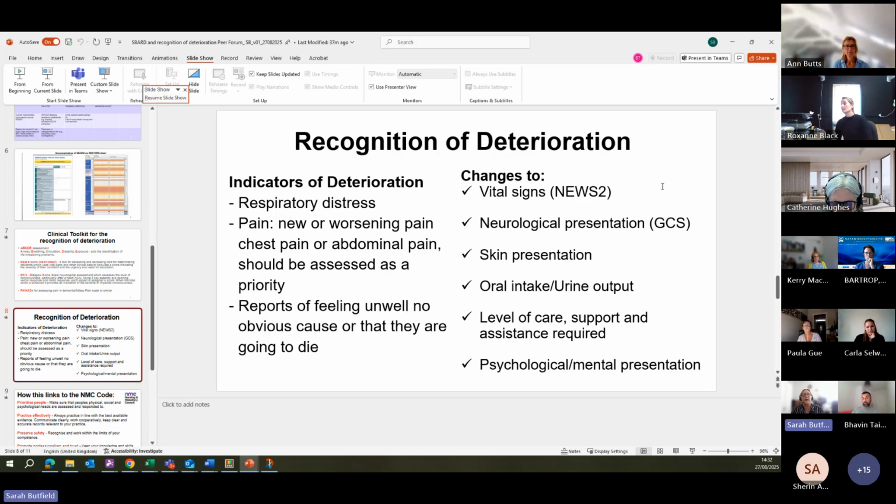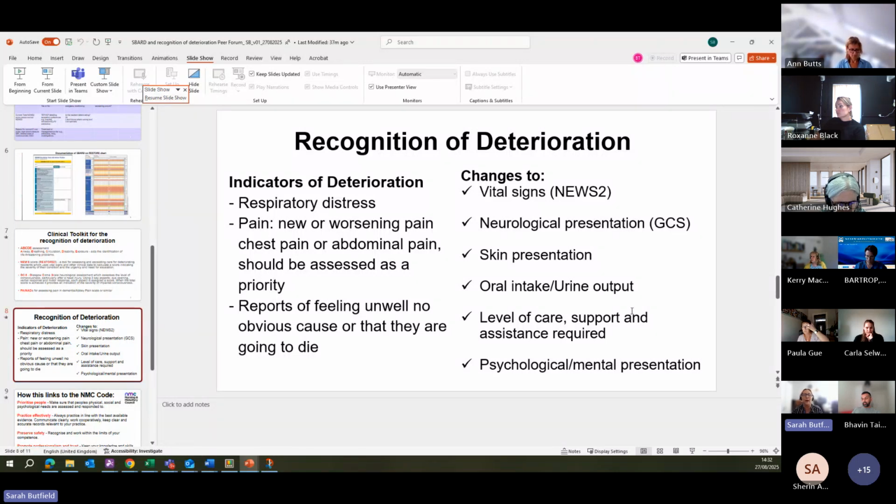And we will back that up with all of the information we've gathered as before. So our NEWS2, our GCS, will be looking at skin presentation. So we may be looking at new rashes, the colour, are they clammy, sweaty? What's different there in the presentation of this skin? Their oral intake, are there signs of dehydration?